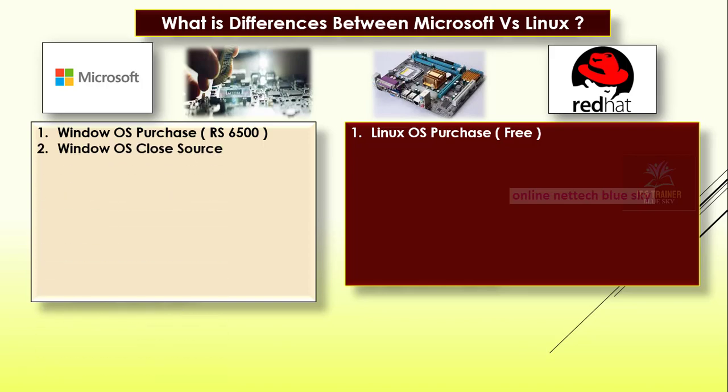Second, Windows is a closed source operating system. Closed source means you cannot change anything in Windows 7. Only Microsoft's operating system engineers and developers are allowed to change it. For example, if you right click and want to add a new option, you cannot change that in your operating system.